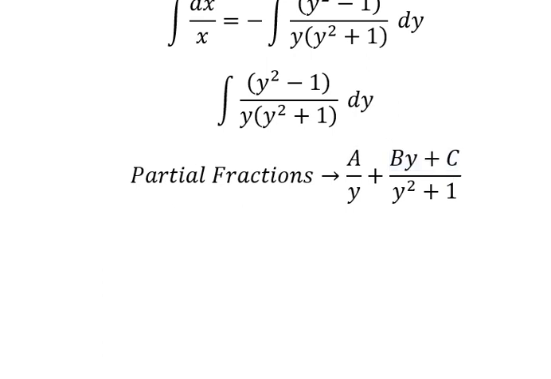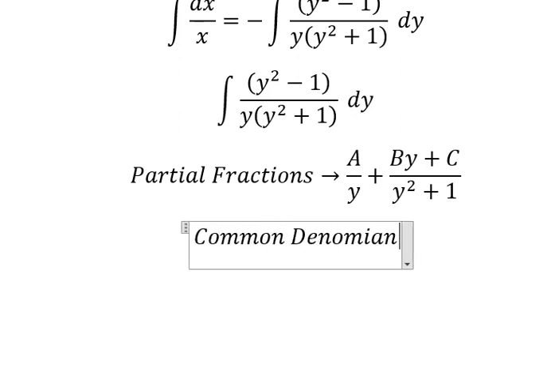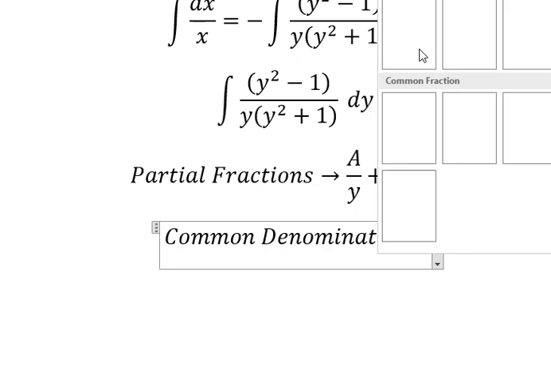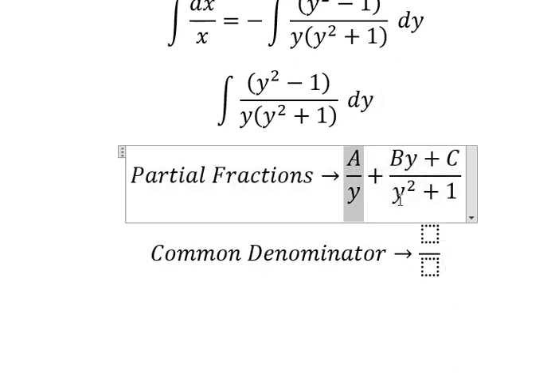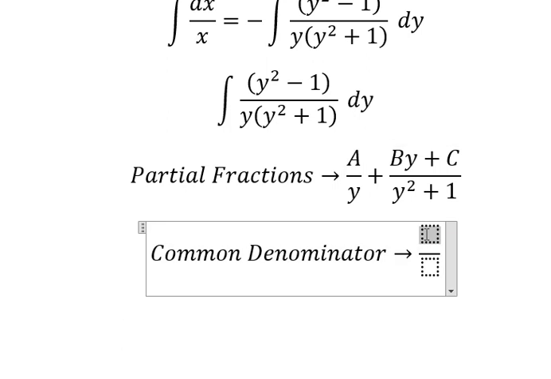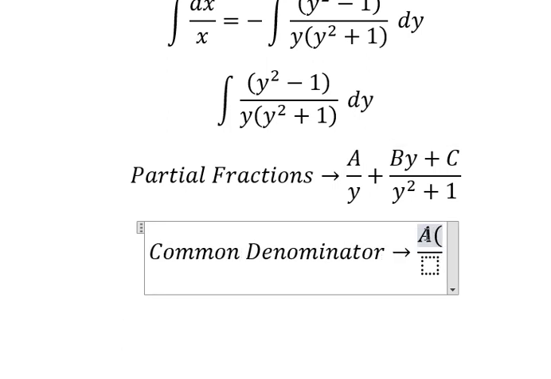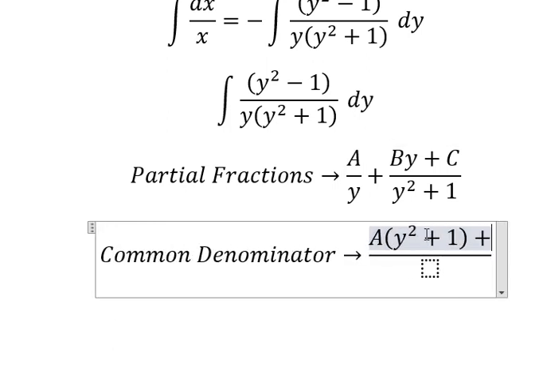Now we can do the common denominator. This one is missing y squared plus 1, so we have capital A multiplied by y squared plus 1.